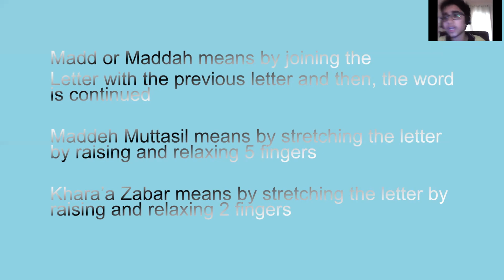So here is the letter Jim, Alif, and Hamza. Above the letter Jim, sorry, there is that Madde Mutasil or the long Madda. We have to read it by stretching our 5 fingers. Okay, and then relaxing them like this.